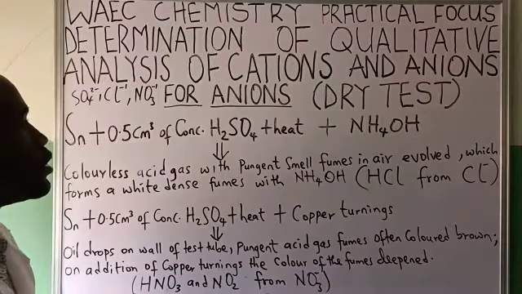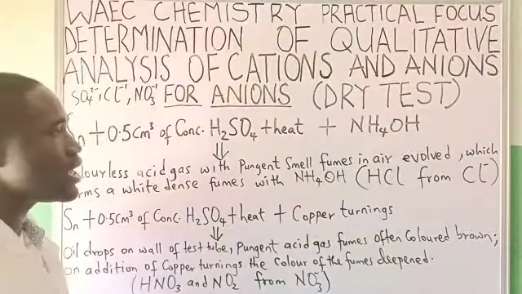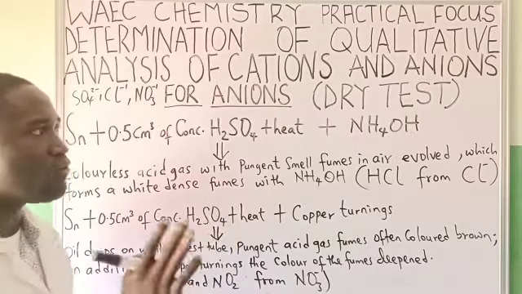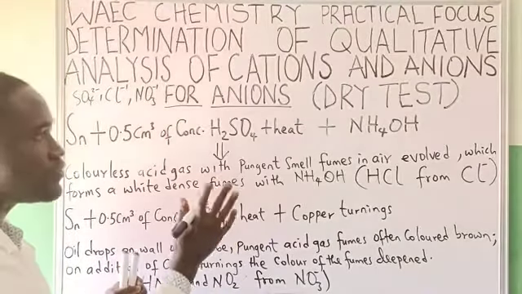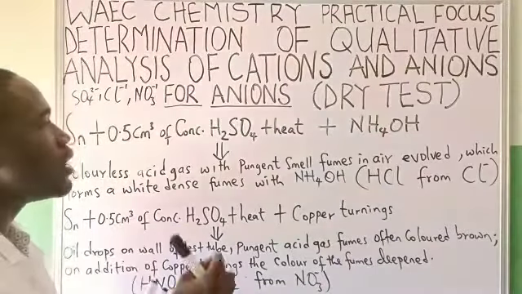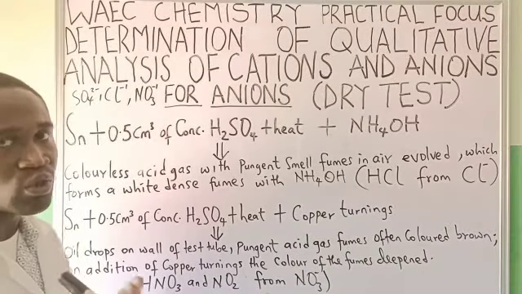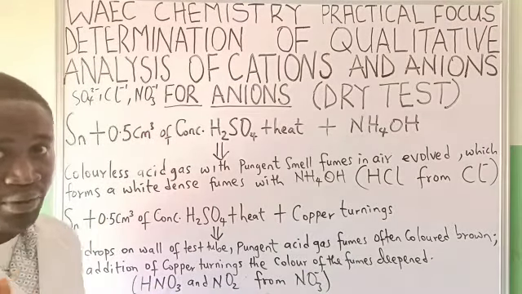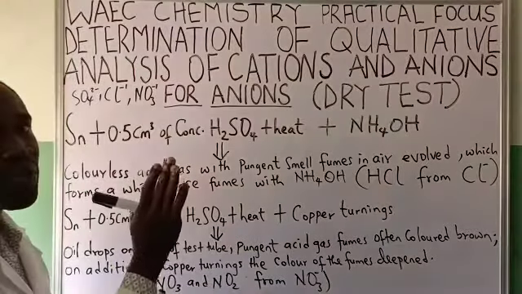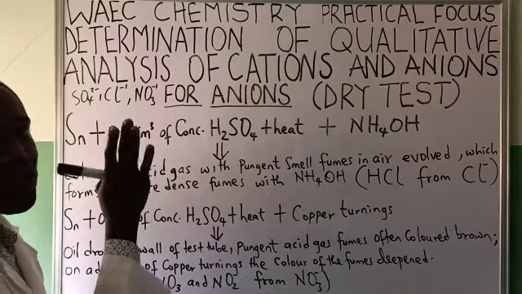Okay, now we are to test for the chloride ion. Remember we said we have dry test and we have wet test, and dry test is what we use first, where we use the dry salt sample and test it with either HCl or H2SO4 as the case may be. Why I say as the case may be is because when you talk about carbonate you use HCl. When you talk about sulfate you use HCl.